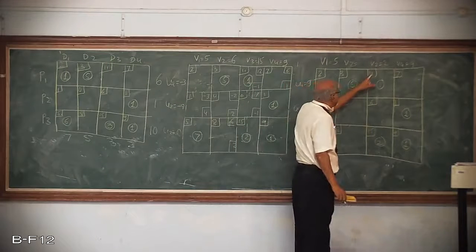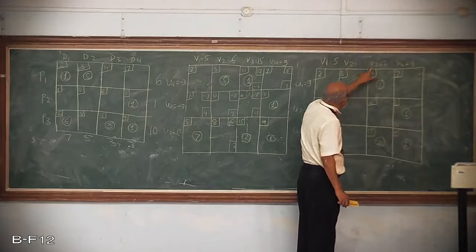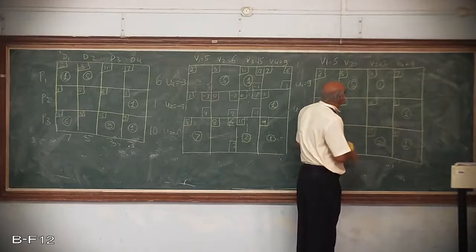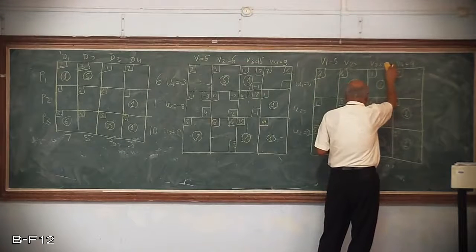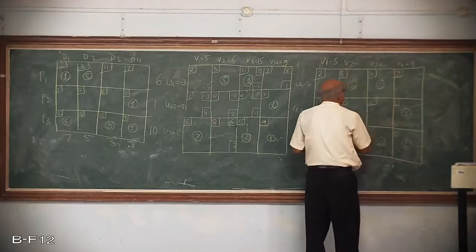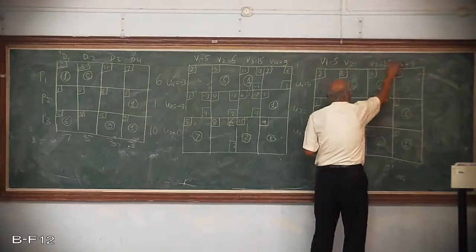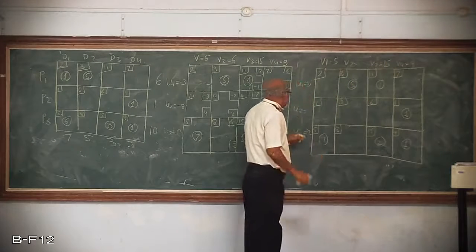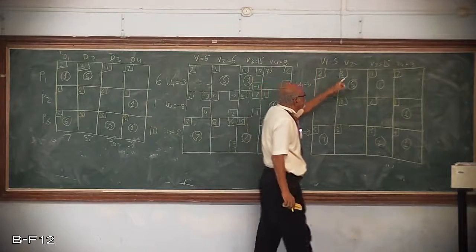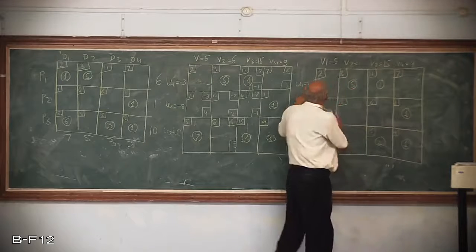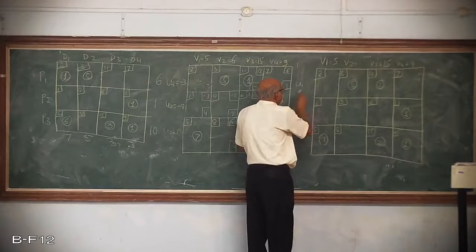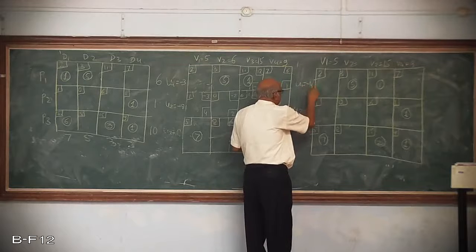Because this is the allocated cell, U3 is 0, V3 is going to be 15, sorry. Okay. This is 5, V3 is 15, and this is 11. So this value, U1, is going to be minus 4.